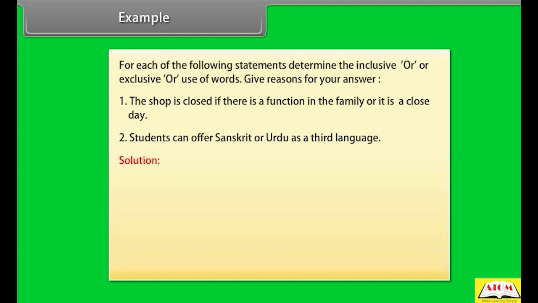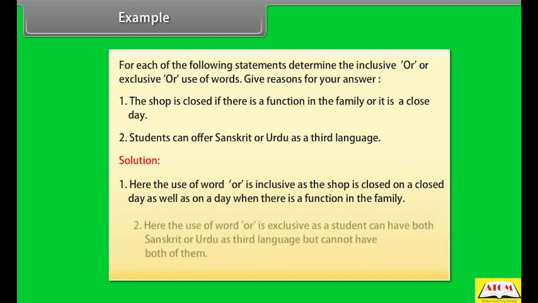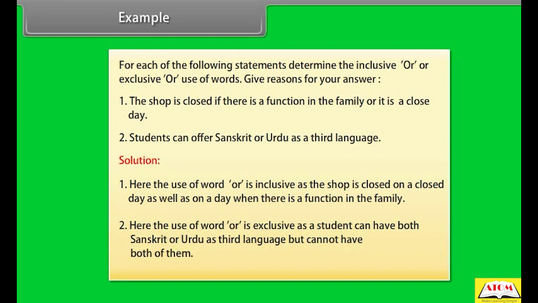Solution: 1. Here the use of the word "or" is inclusive as the shop is closed on a closed day as well as on a day when there is a function in the family. 2. Here the use of the word "or" is exclusive as the student can have either Sanskrit or Urdu as third language but cannot have both of them.